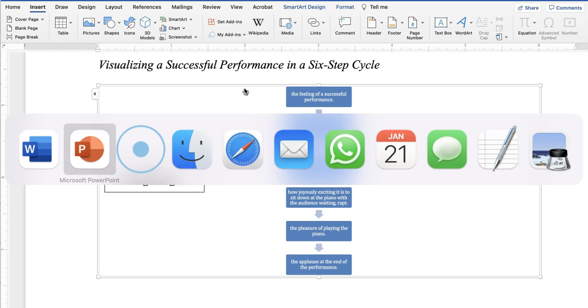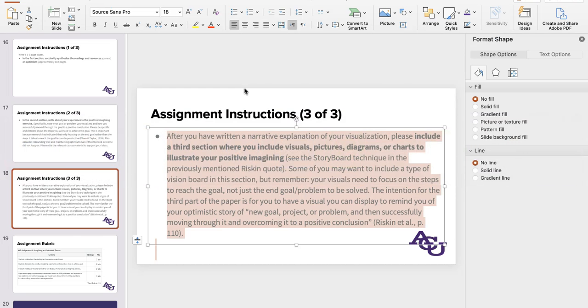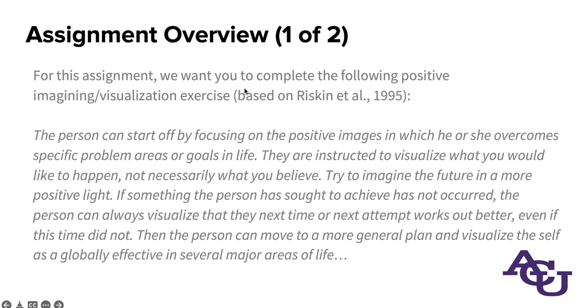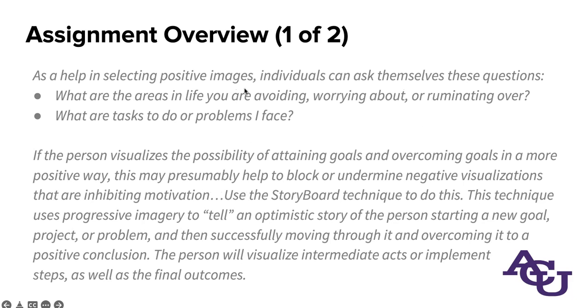Now the instructions refer to different possibilities that you might use. So the storyboard technique, sometimes people don't use text, but they'll use images instead, in which case you can just copy images into Word and rearrange them or annotate them to do what you need.